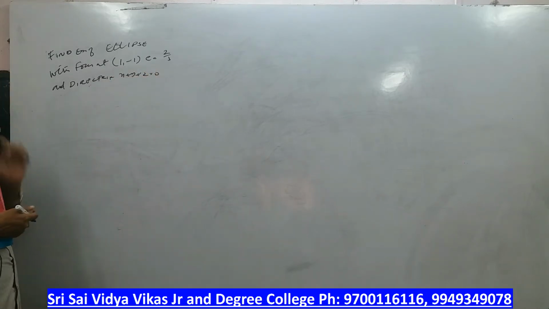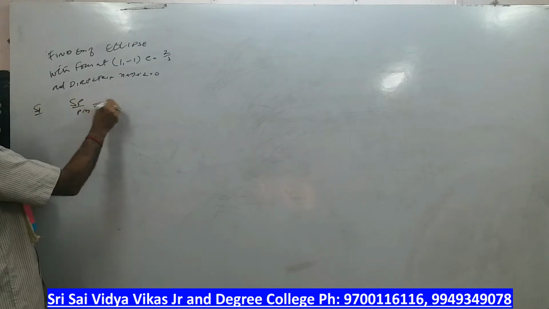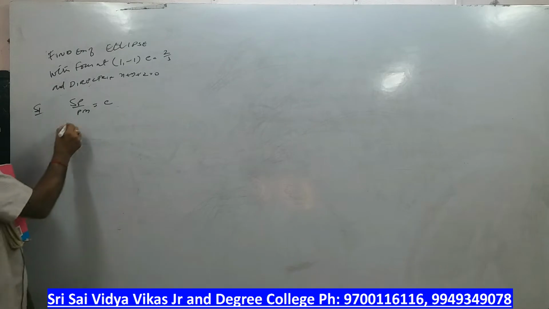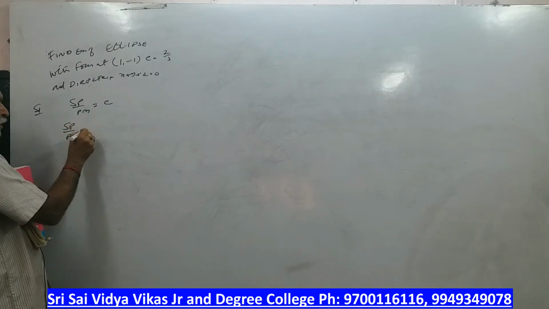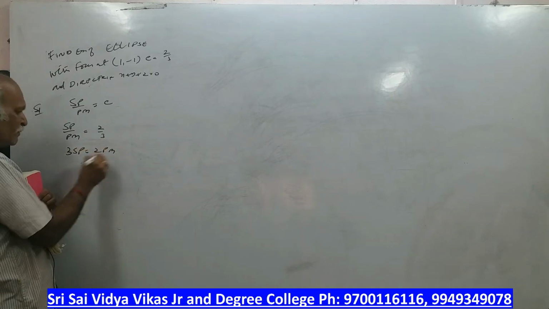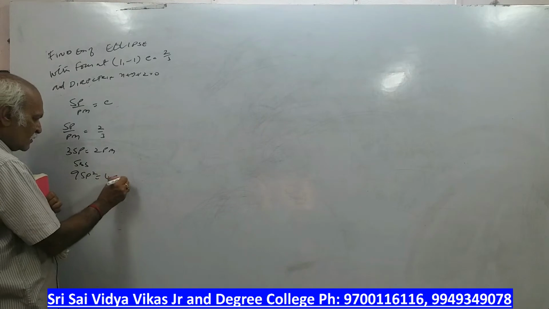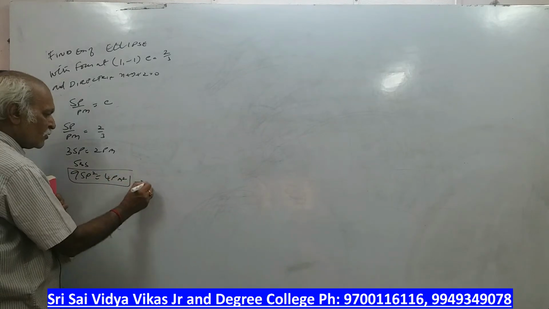So he has given this. What is the solution? SP by PM is equal to e. This formula we have to apply. So SP by PM, e is equal to 2 by 3, 3SP is equal to 2PM. Square both sides: 9SP square is equal to 4PM square. First equation.